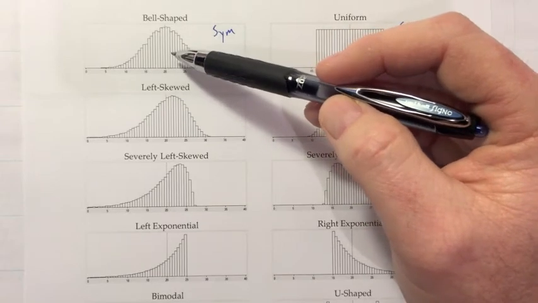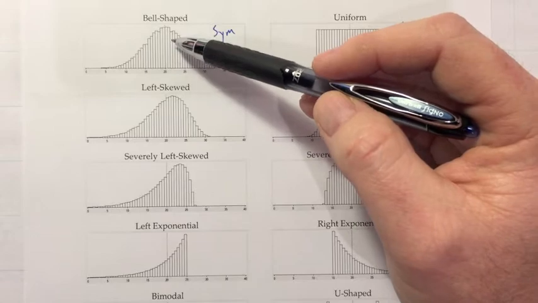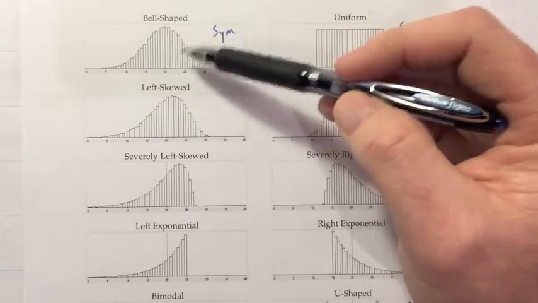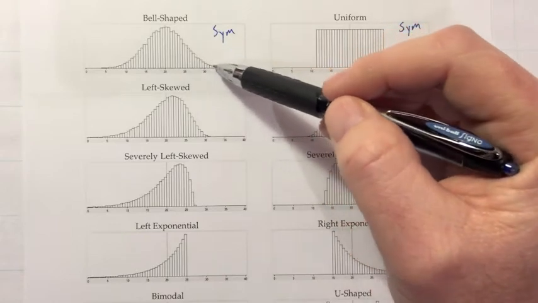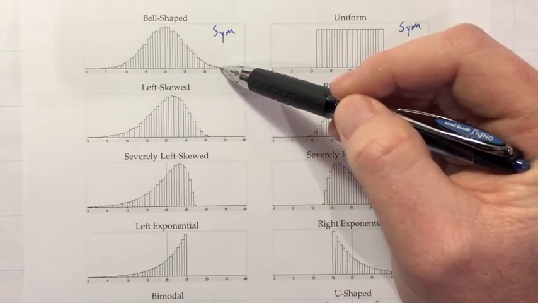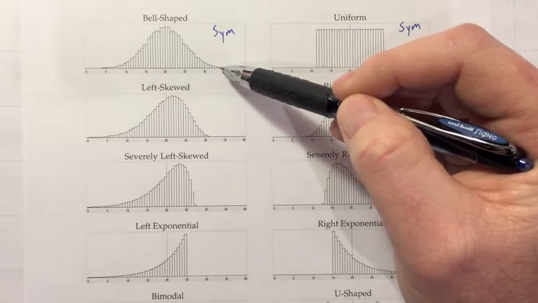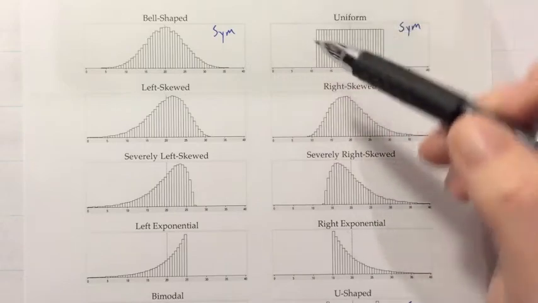And a taller bar means a higher relative frequency or a higher frequency, and it just means it's more likely to happen. So most of the people in a bell-shaped distribution are in the middle, and as you get further away from the middle, as the bars get shorter, that means there's less and less people or items, and those people or things become less likely to be the ones chosen because there's not as many of them.